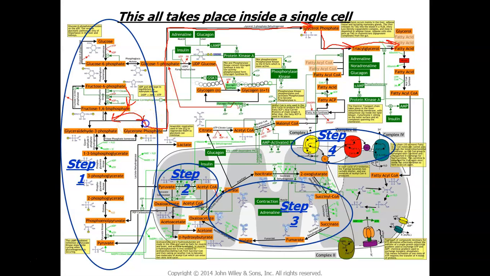Right here, glycerol phosphate follows this track all the way up here, all the way across, and all the way into fatty acids, i.e. into adipose tissue.